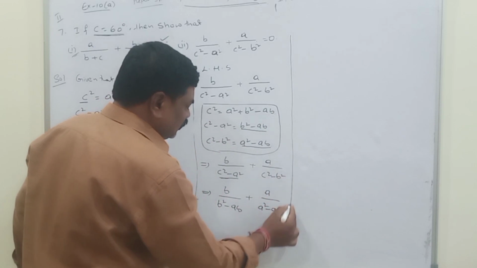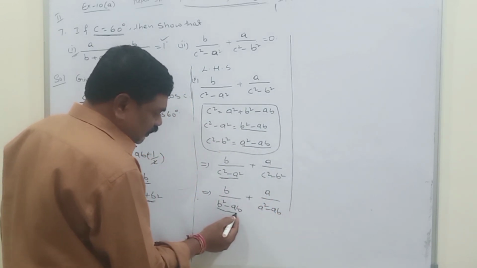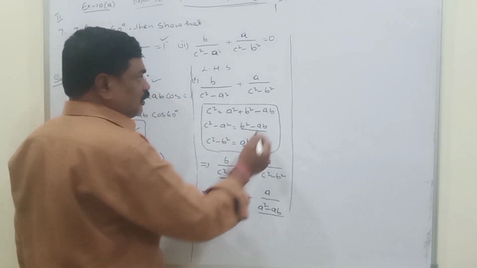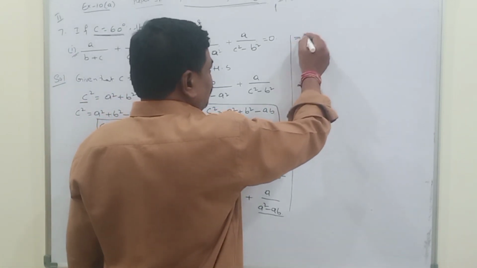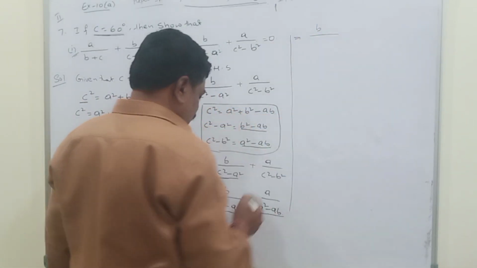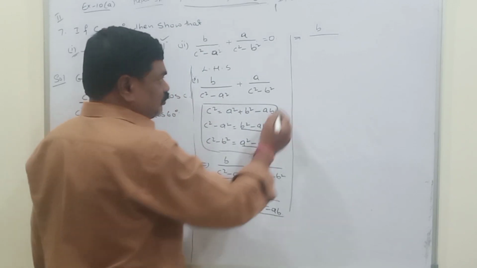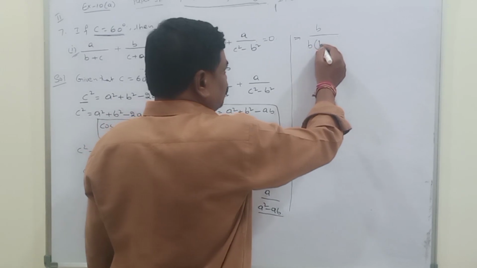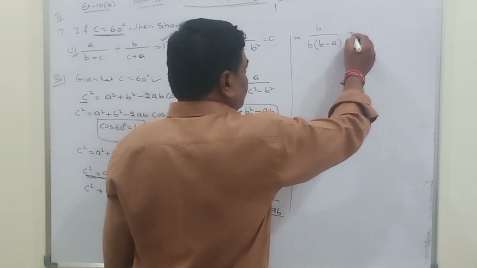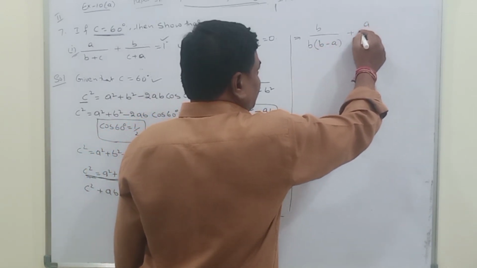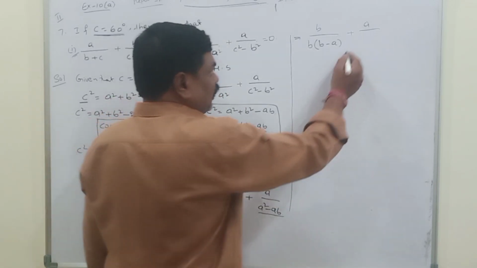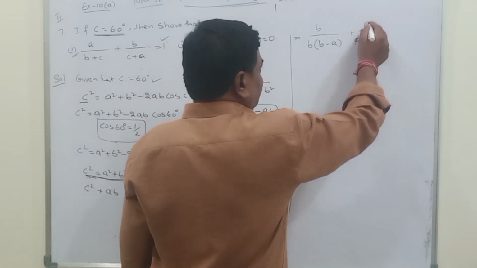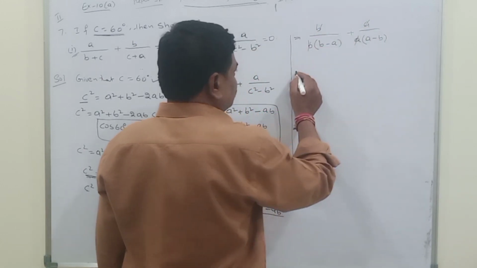From this one you can take common B, from this you take common A. So this implies B by B common, B minus A, plus A by A common, A minus B. A cancel, B cancel.